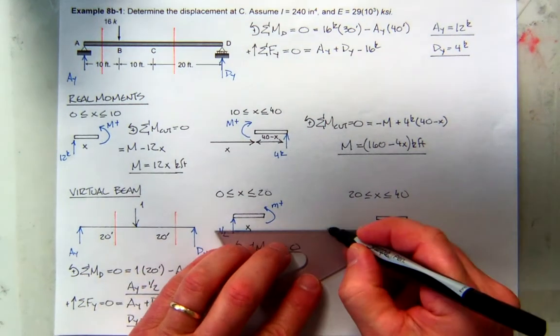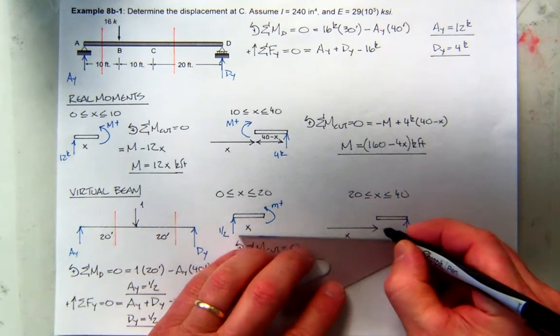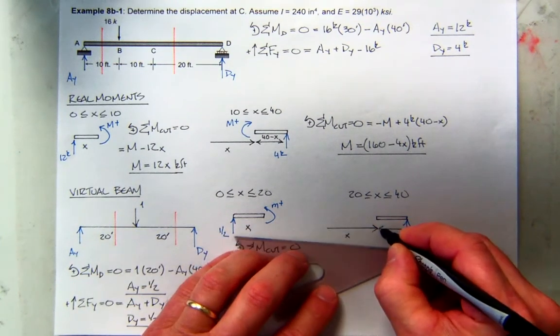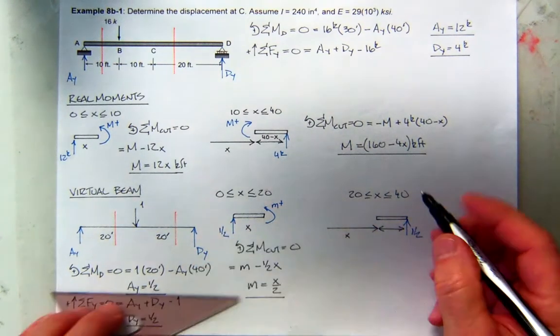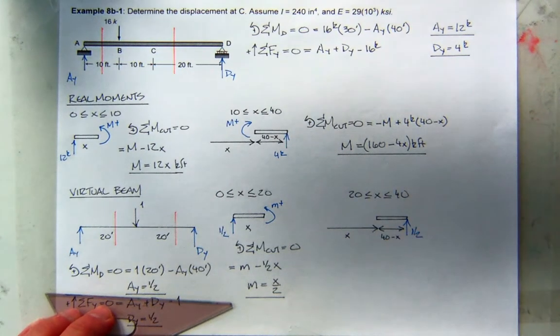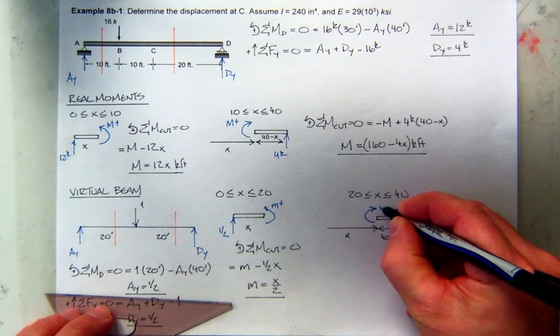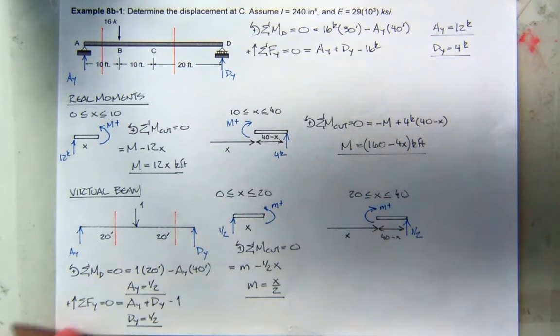And this time we're cutting from the left, so here is x. So the right-hand side segment is going to be 40 minus x. And then internally I have a positive moment, but it's a virtual moment, so I'm using the lowercase here.